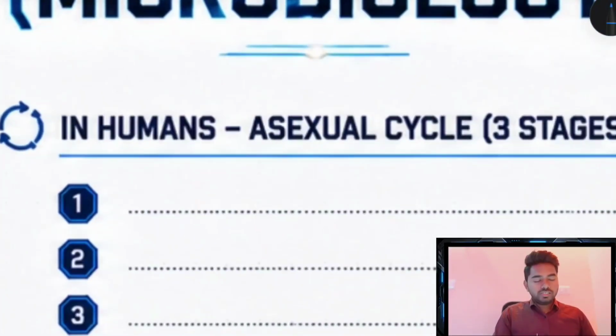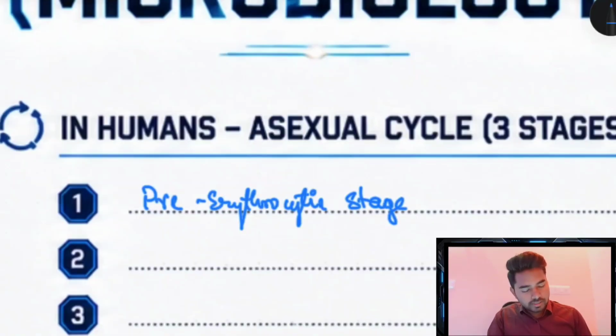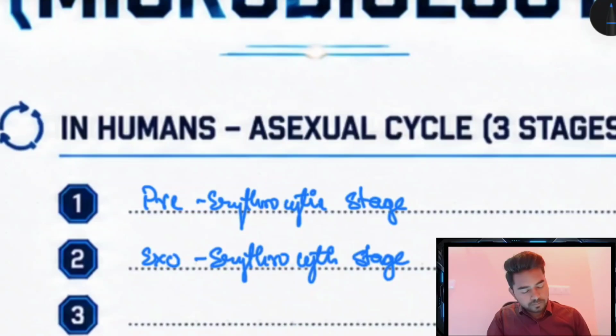We have three asexual stages. First is pre-erythrocytic, then exoerythrocytic, then gametogenesis.